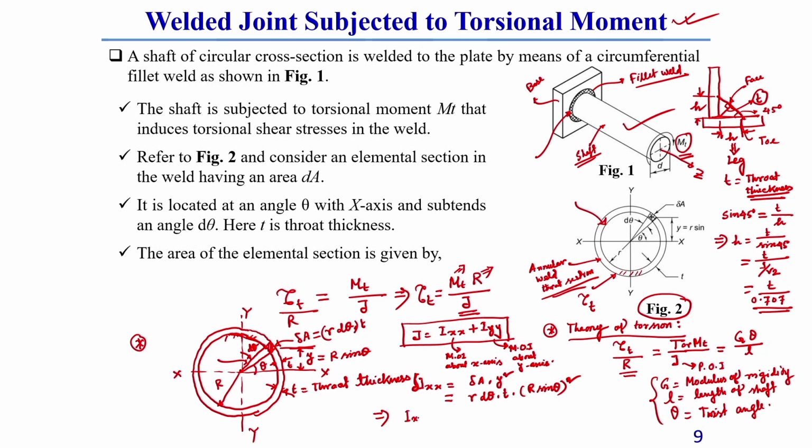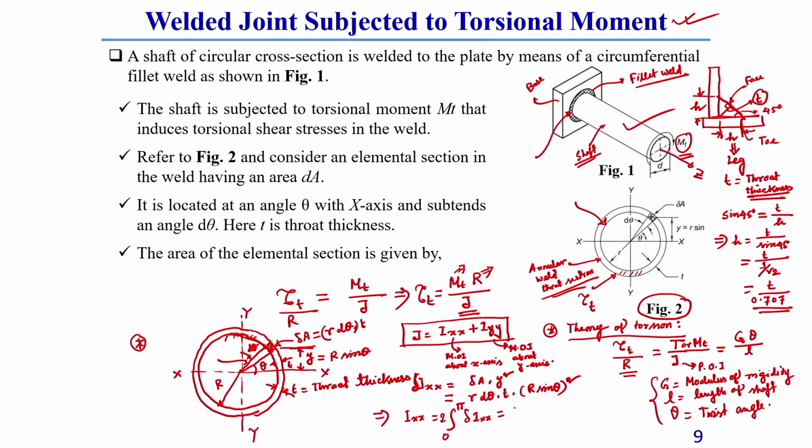So, Ixx can be written as the integration from minus pi to plus pi, which you can write as 2 times the integration from 0 to pi of delta Ixx.